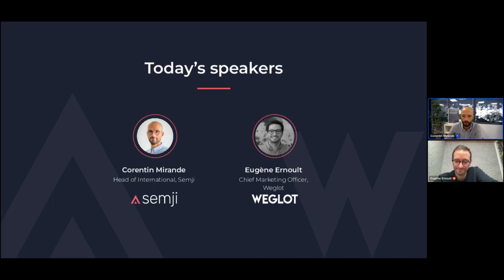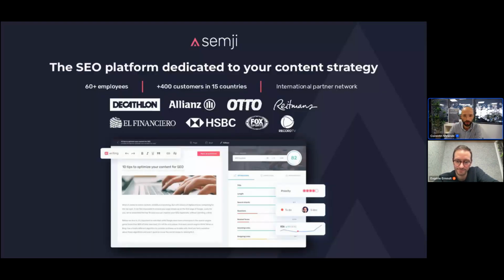And maybe a word about Semji for those who don't know us. So we are a SaaS platform that is mainly used to increase SEO content performance. We are used by more than 400 customers in 15 countries. We can help customers in, I would say, 15 languages.